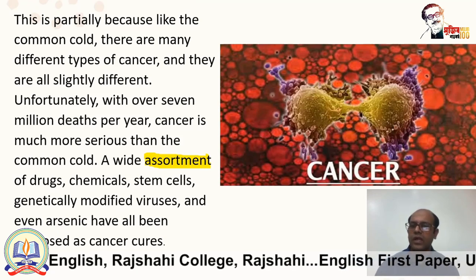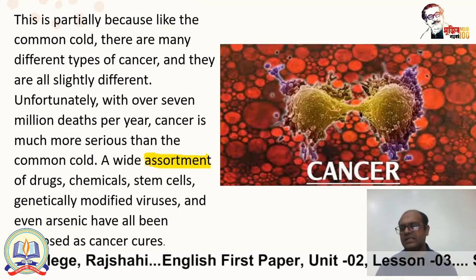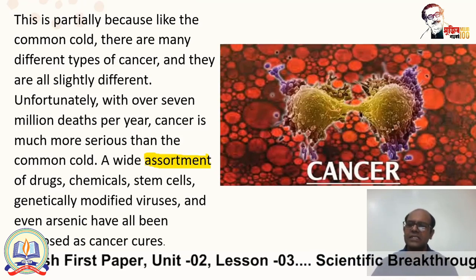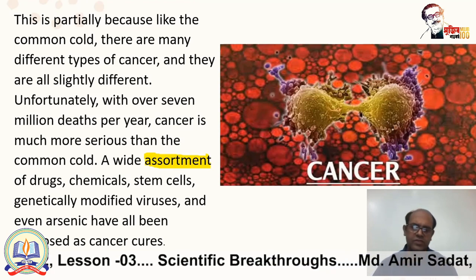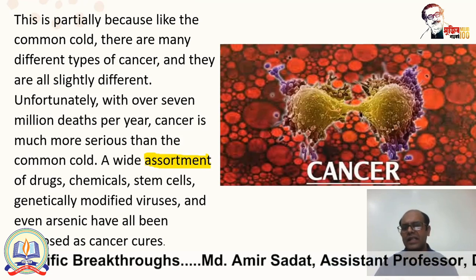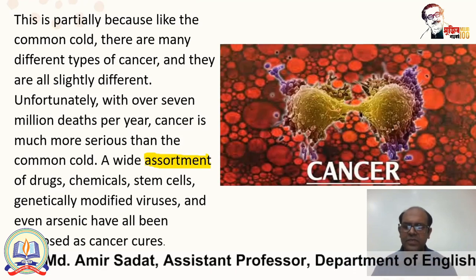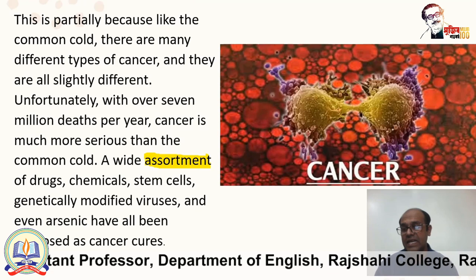A wide assortment of drugs, chemicals, stem cells, genetically modified viruses, and even arsenic have all been proposed as cancer cures. Here is a word I have highlighted: assortment. What is the meaning of assortment? Assortment means a collection of varying but related items.